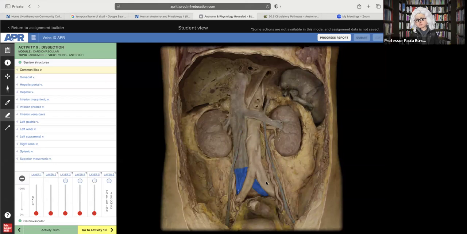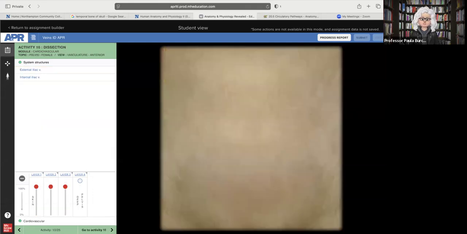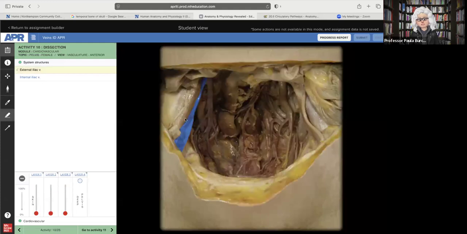This would be the common iliac artery. So in the same general area, but the veins are carrying blood into the inferior vena cava. Now we're in the pelvic region, just so that we can see. Here's an external iliac.